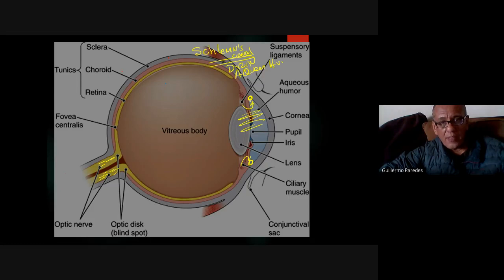When this Schlemm's canal is blocked, it can produce an increase of intraocular pressure. Or the other option is when the ciliary glands produce an excess of aqueous humor. So there are two options that are going to happen with the intraocular pressure.